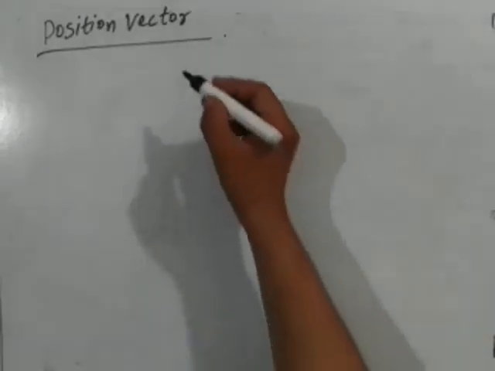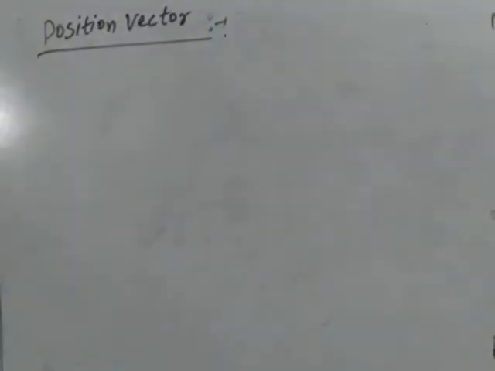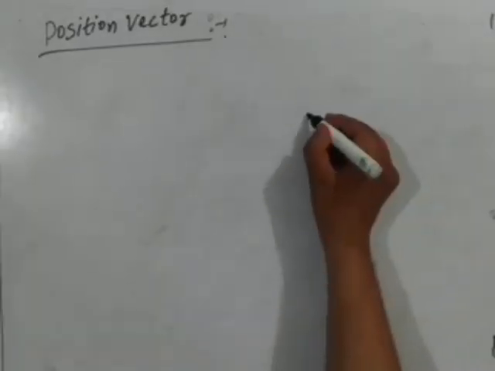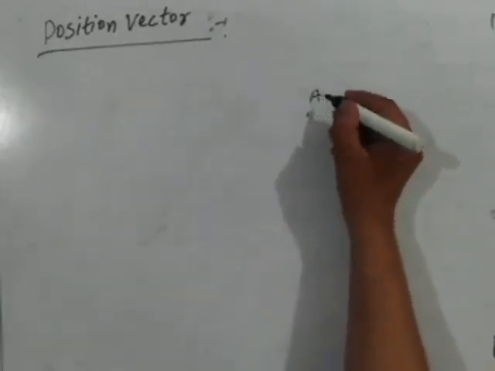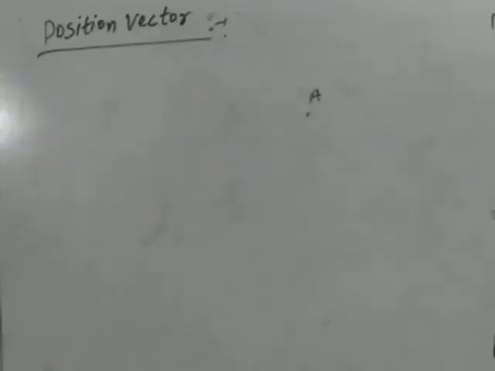Now position vectors. If A is any object lying at this point, and we have to find out its position or direction, we will always take a reference of some origin point.